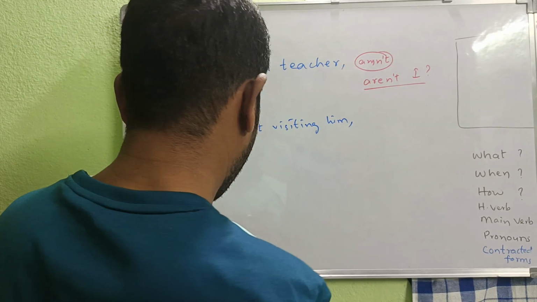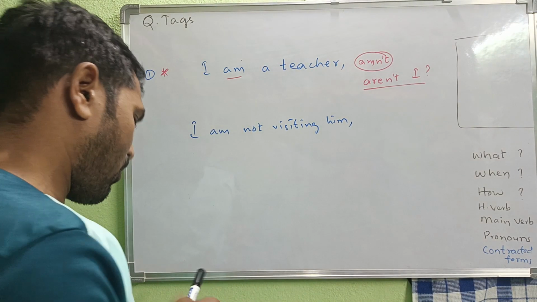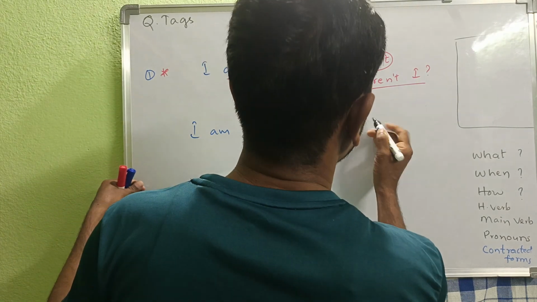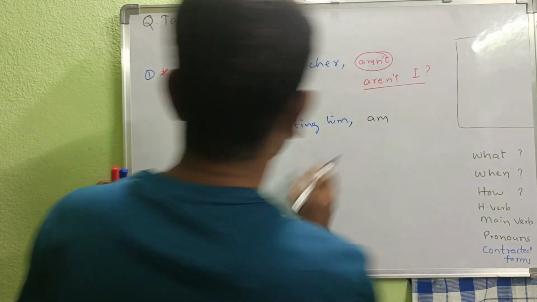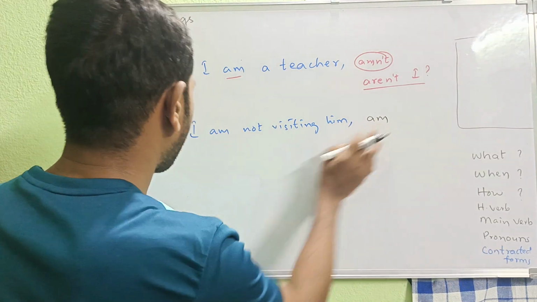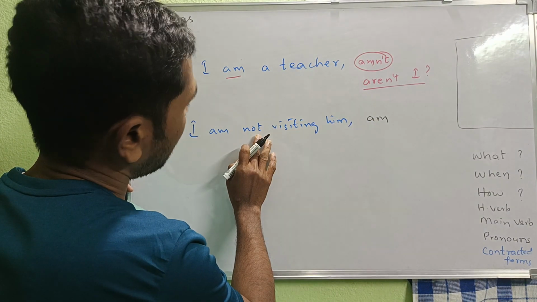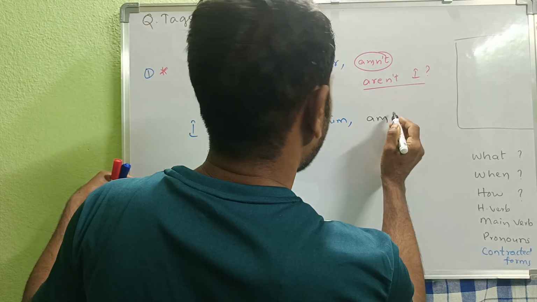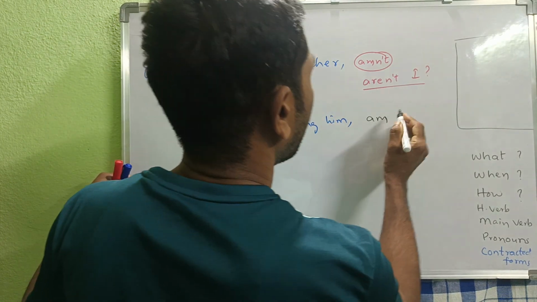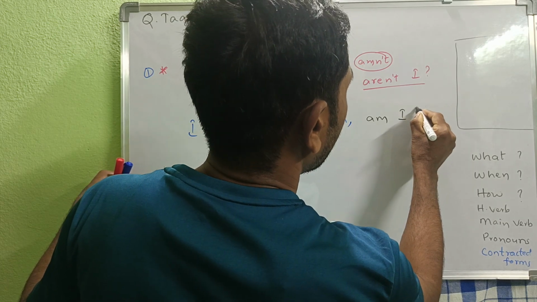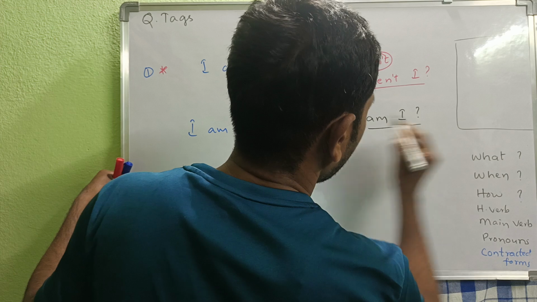In this case, if I want to add a question tag, then it's simply 'am I'. Step number 1, helping verb taken. Next, the statement is already negative, so do not add am and n apostrophe t. The next, the pronoun is added. The next, step number 4, question mark.